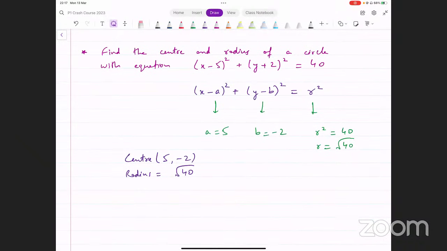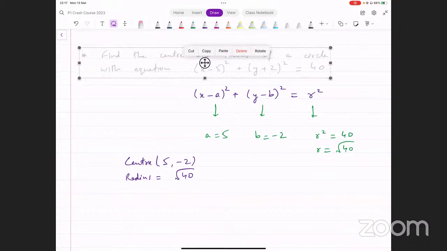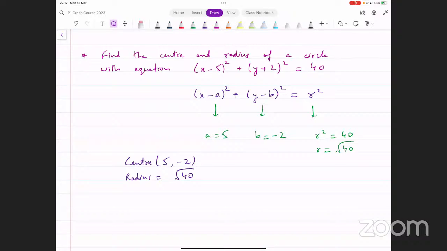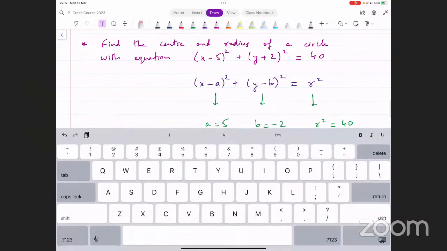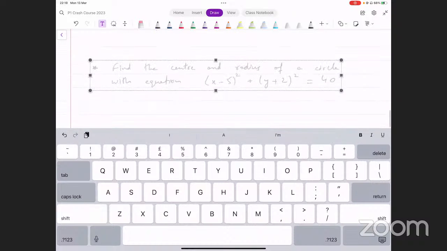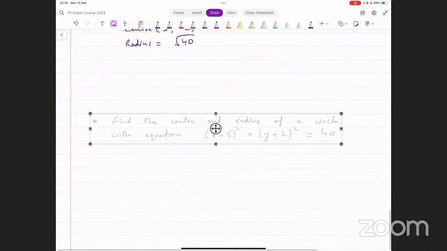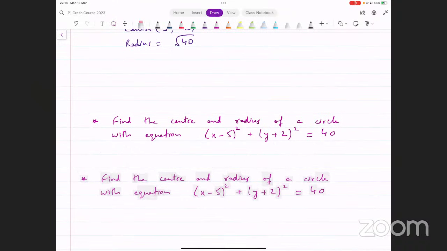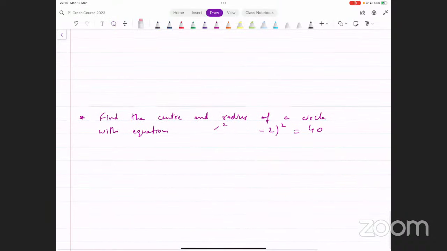Now, there's another thing that you might have to do here, and that would be that you might be given the expanded form sometimes. Let's say they again ask you to find the center and radius of a circle, but now the equation looks like this.